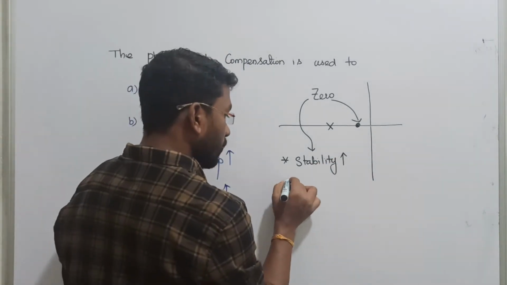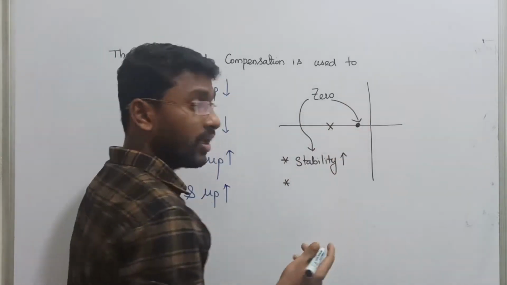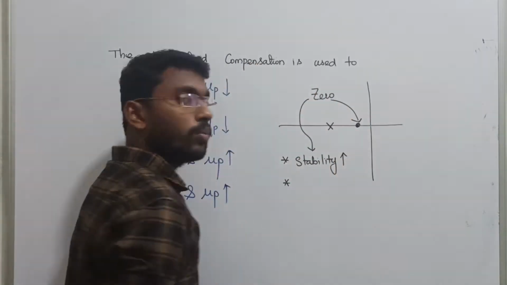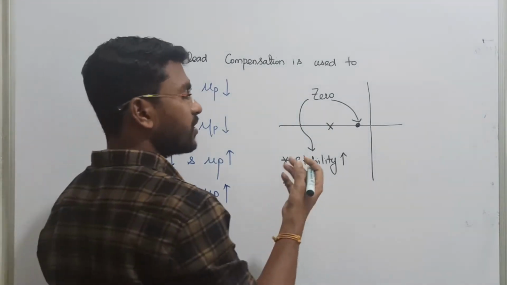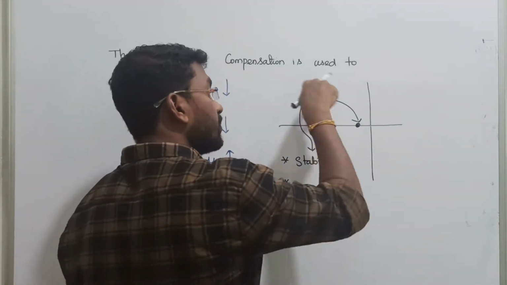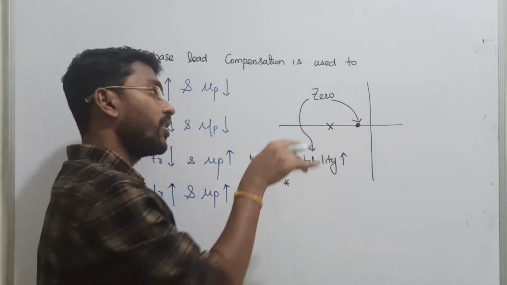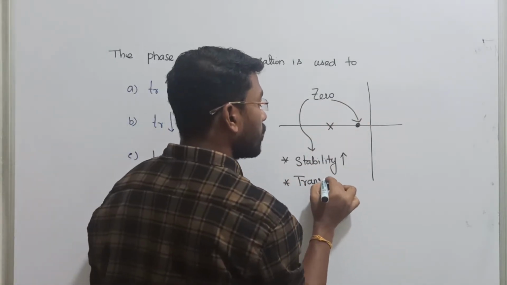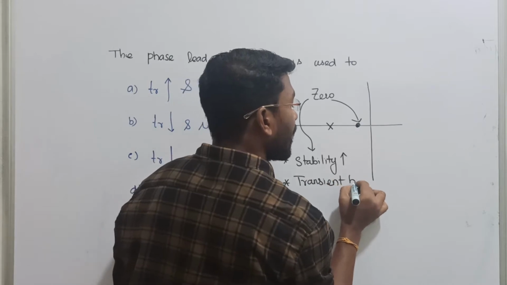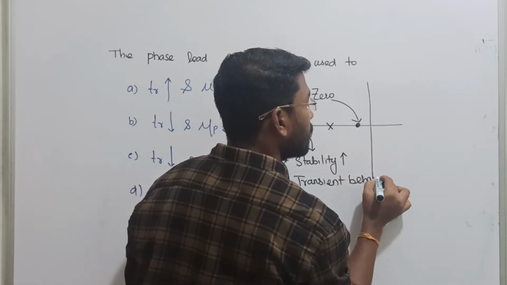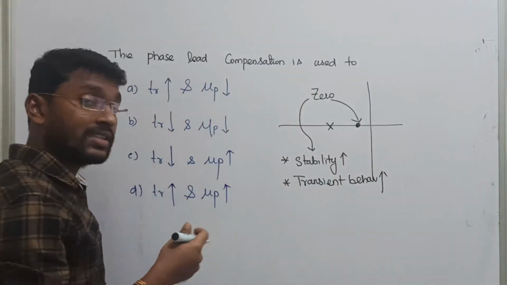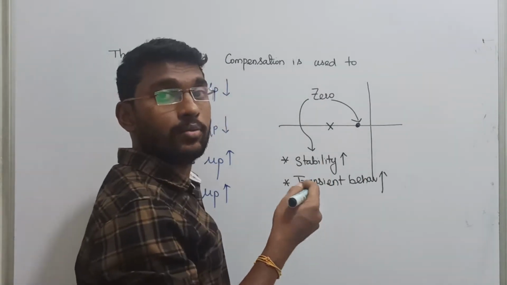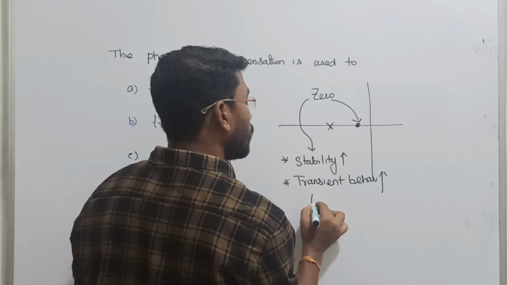Next thing, in case of a lead compensator, priority will always be given to zeros, because of the addition of zeros, not poles. Because of the dominant effect of the zero, transient behavior of the system will be improved a lot. I have told you, right? Transient behavior improving means the time taken by the system to reach the steady state, which is often known as rise time.